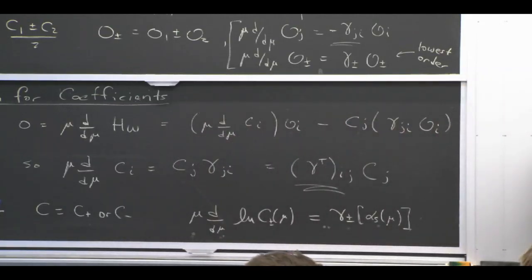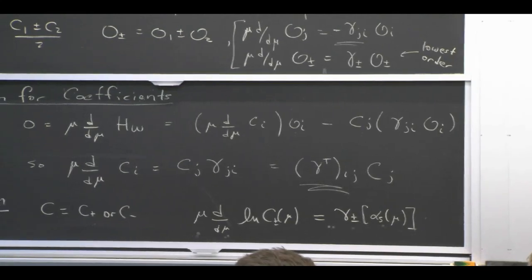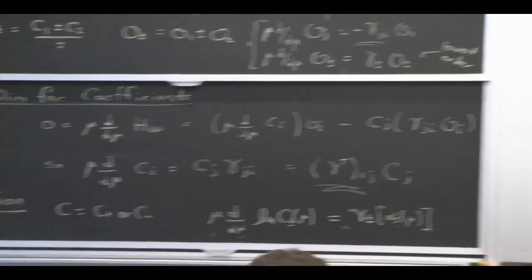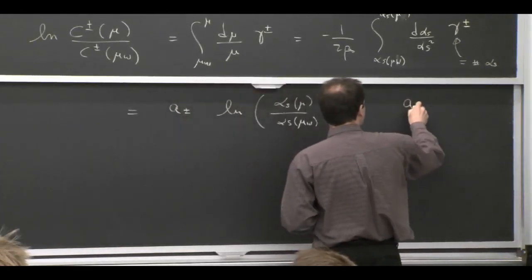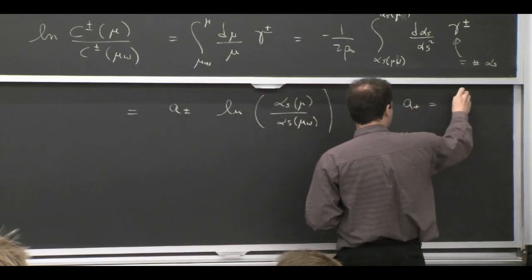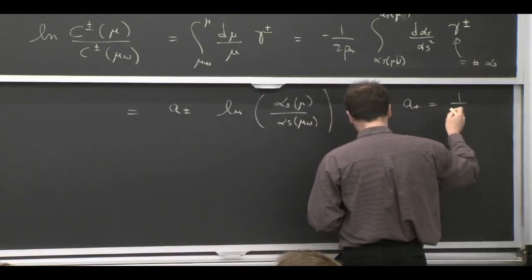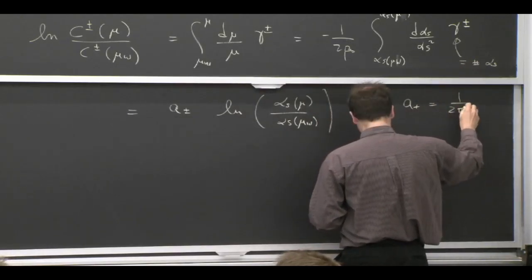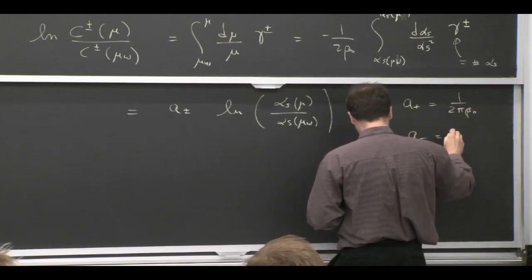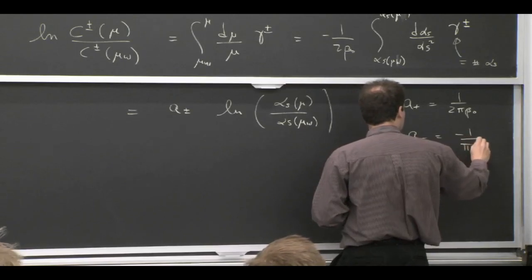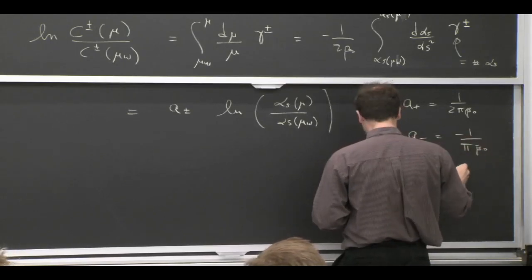OK, so do the integral. There's some prefactor, which I'll call a plus minus, and then I get a log as I mentioned. And just for the record, this a plus minus, if I put all the factors together and put in what this number is, these would be some factors like this.